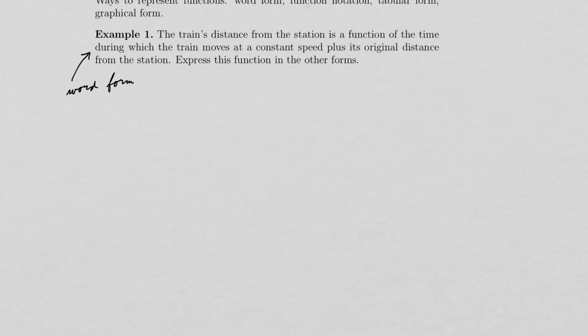All right, what about function notational form? Well, first of all, we need to come up with some variables that represent different things, like the distance from the station, the time, etc. So let t represent the time, and it's in hours in this case.